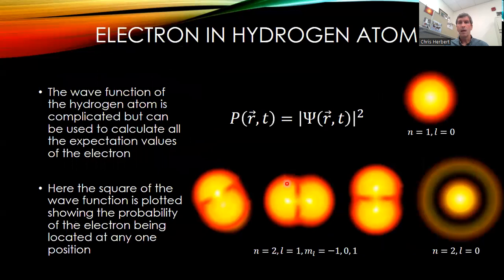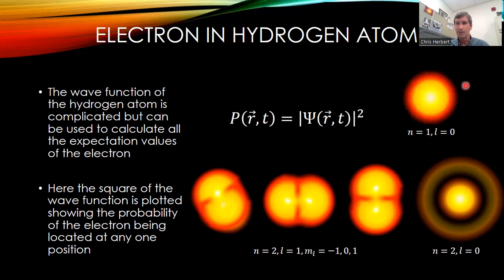Now, one place you've seen a wave function represented, or at least the probability of a wave function represented, is in the hydrogen atom. If you've taken chemistry, you're well aware that the n equals 1 s orbital is often represented by a sphere.